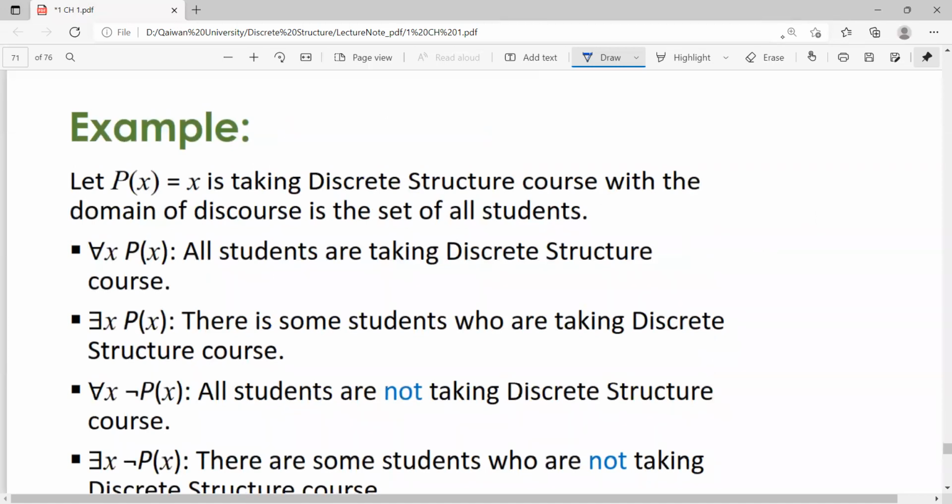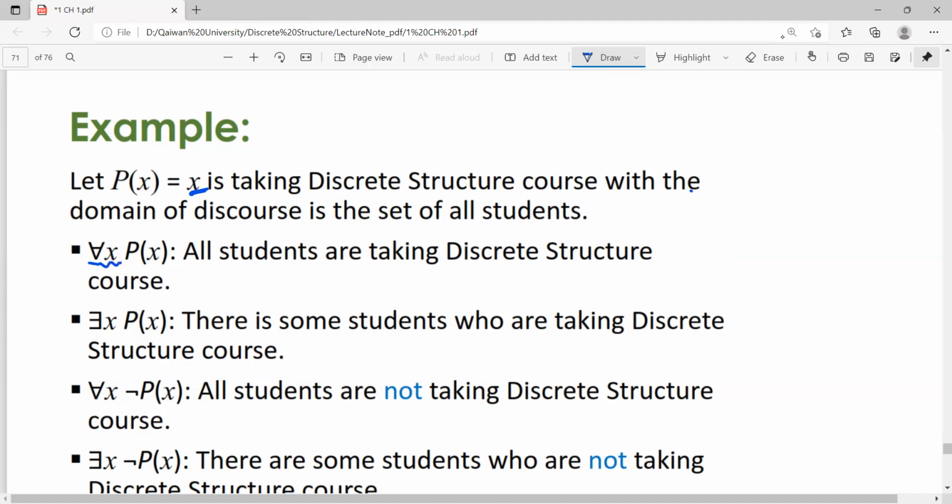We say let p of x equal x is taking discrete structure course, with the domain of this course being the set of all students. So here p of x is about those students who are taking discrete structure.